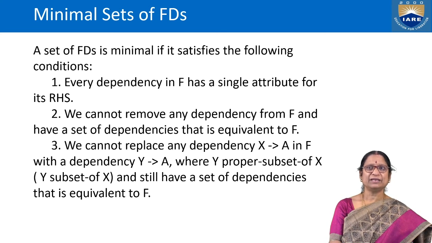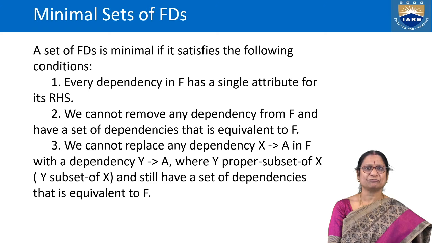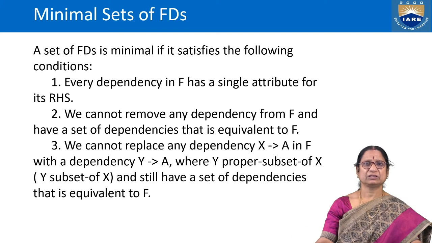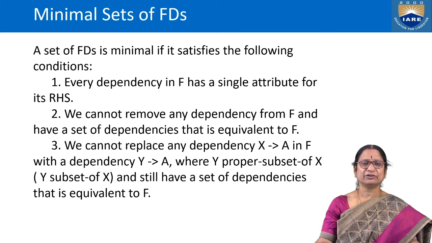Second, we cannot remove any dependency from F and still have a set of dependencies that is equivalent to F. We cannot have an additional set of dependencies, so then we can say it's minimal. You cannot eliminate any of the existing FDs.